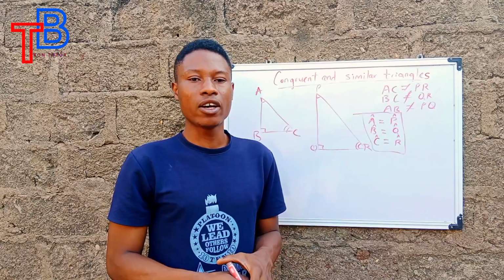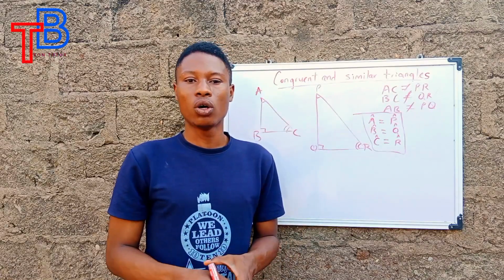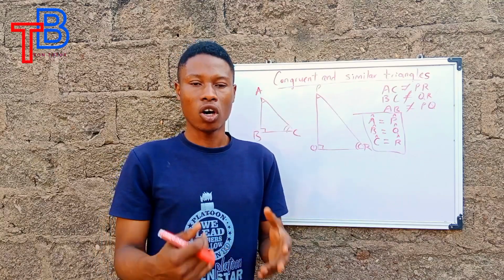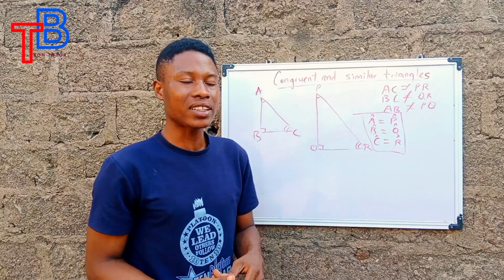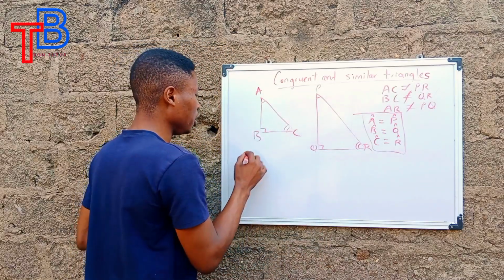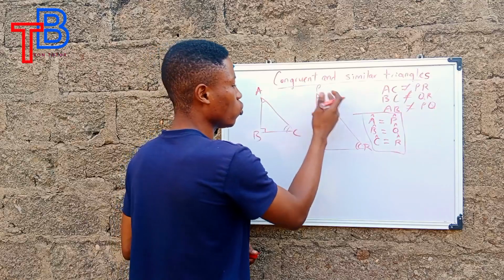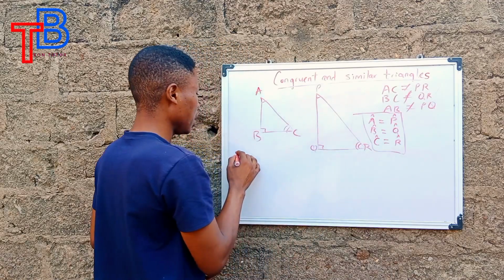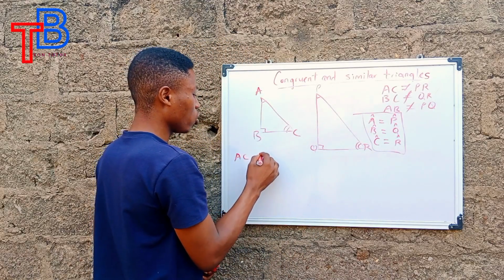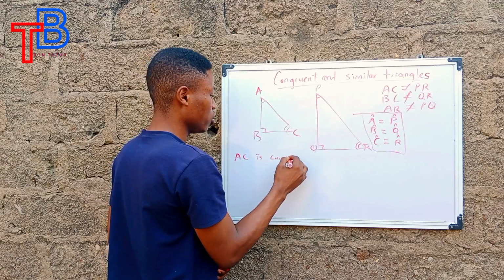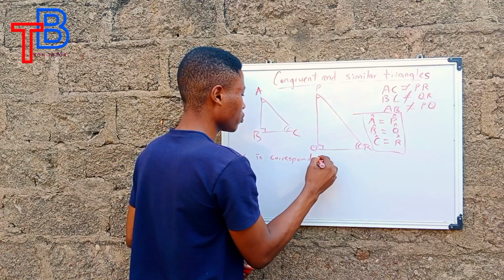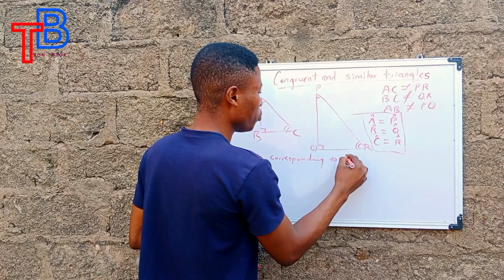And for you to get the scale factor, you have to consider what we call the corresponding ratio of the sides. The corresponding sides is telling you that truly AC is not equal to PR, but AC is corresponding to PR.